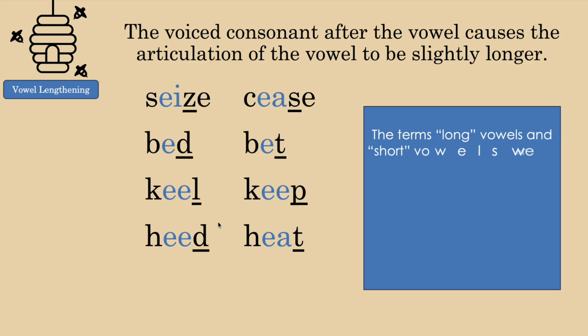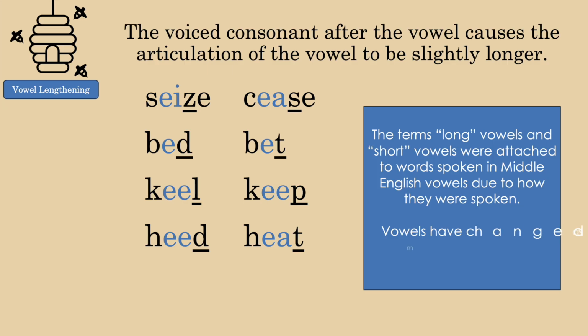Now, why this matters is because we have a really bad habit of using the term long and short when we're talking about our vowels. This was something that was attached to words that we were speaking in Middle English when the vowels and the spelling were determined by how they were spoken, but we don't do that anymore. And so the labels have very little meaning as they do now.